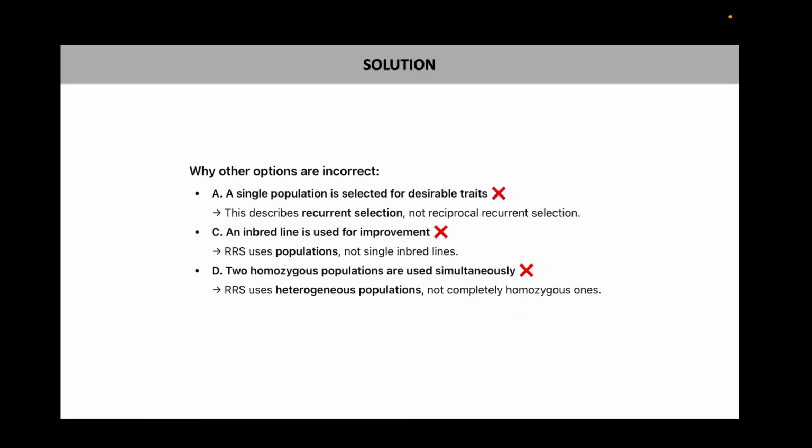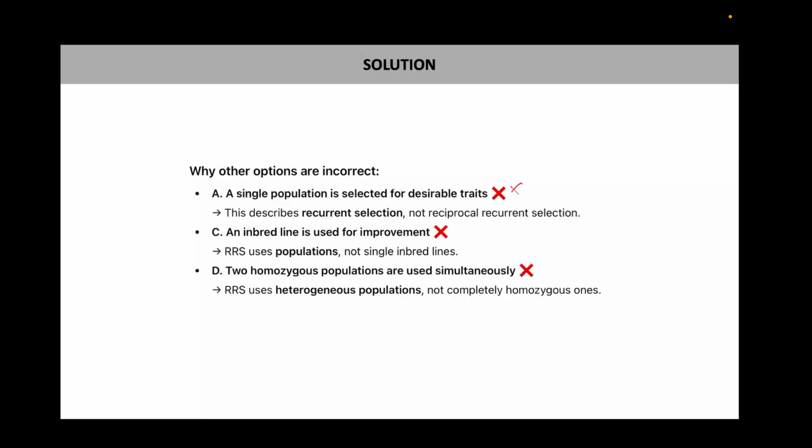Now, let's talk about the wrong options. A single population is selected for desirable trait. No, this describes a recurrent selection. It is not a reciprocal recurrent selection. We are talking about two populations, so a single desirable trait is not selected. Then an inbred line is used for improvement. Basically, RRS uses populations, not single inbred lines.